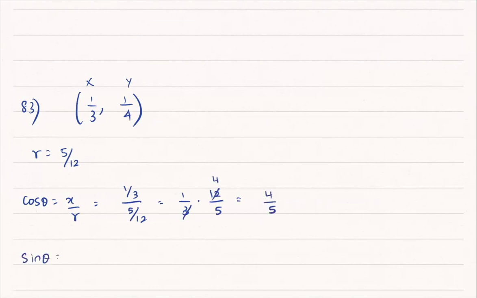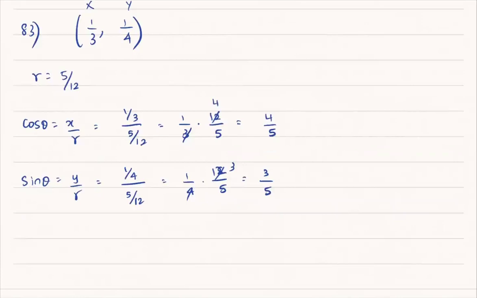Sine theta, y over r, which is 1/4 over 5/12, which is 1/4 times 12 over 5, which is 3/5. Tan theta is y over x, or it is also sine theta over cosine theta. So the answer is 3/4.